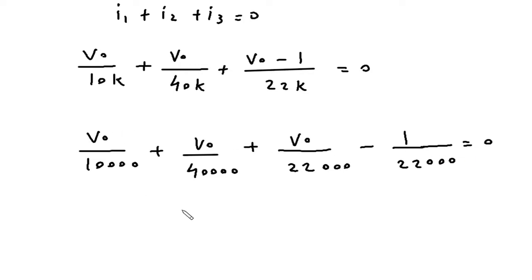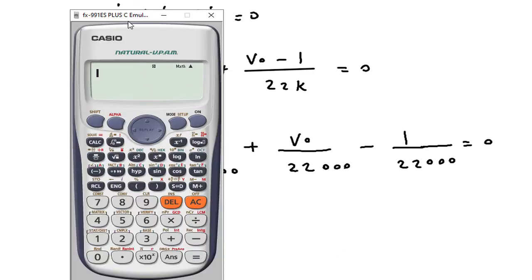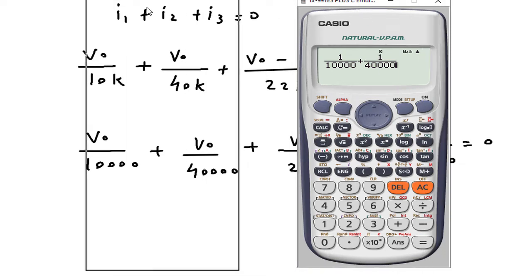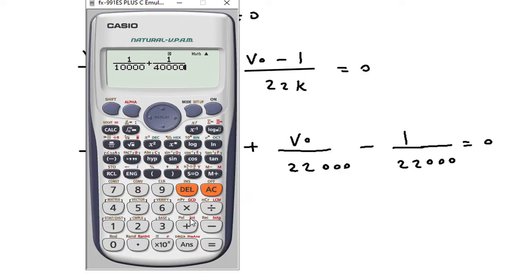So this will be 1 by 10,000 plus 1 by 40,000 plus 1 by 22,000.